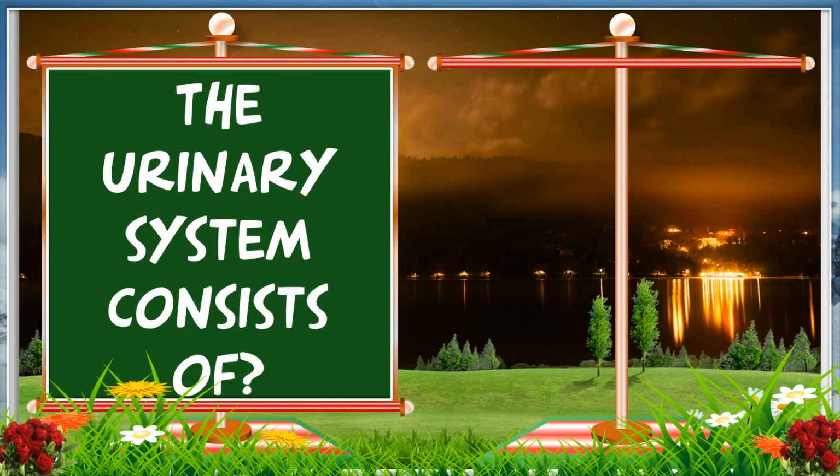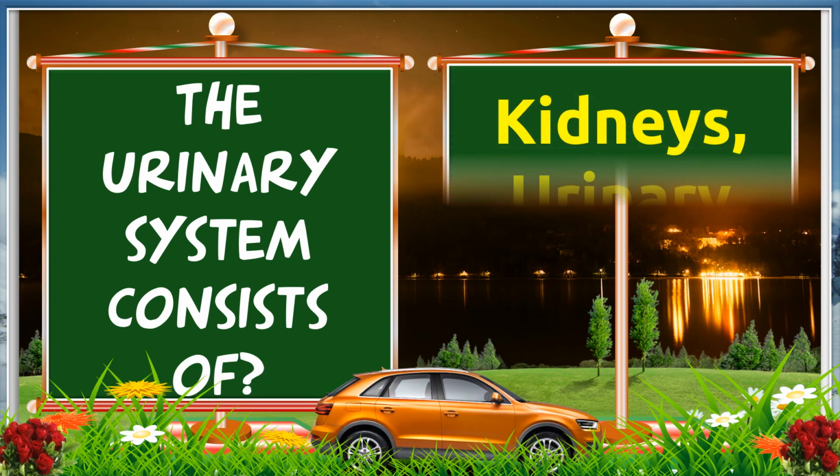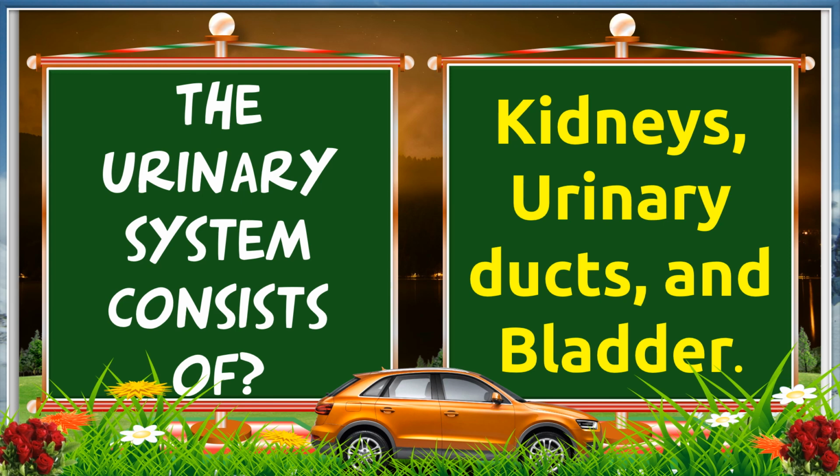The urinary system consists of kidneys, urinary ducts, and bladder.